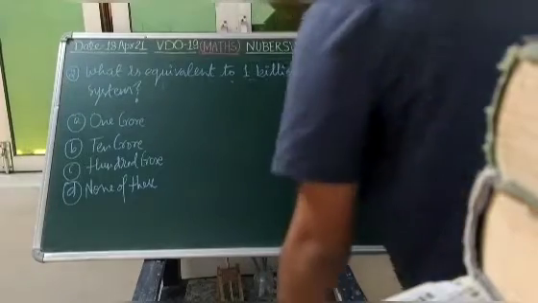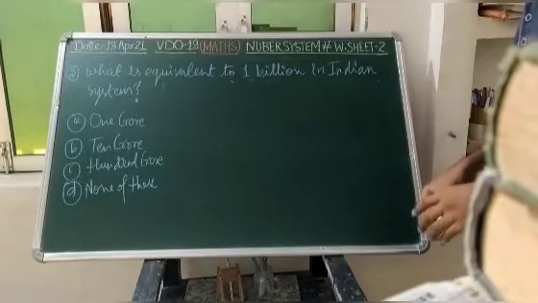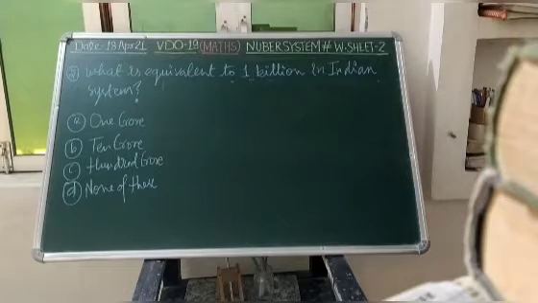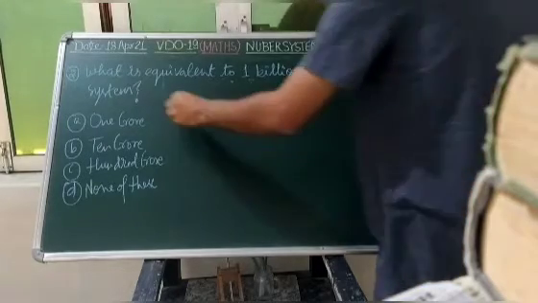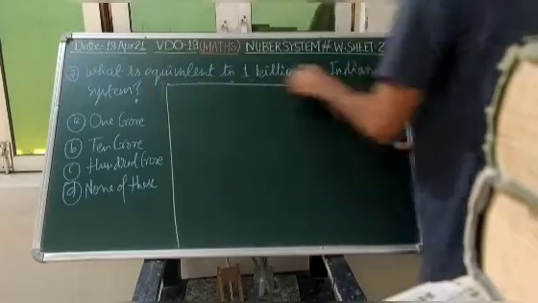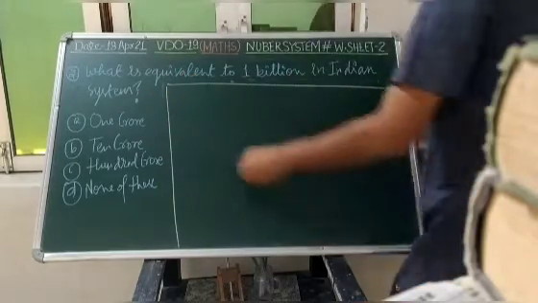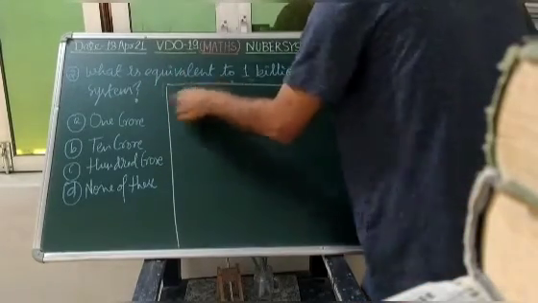The second problem is saying: what is equivalent to 1 billion in the Indian system? So in the Indian system, 1 billion will be equal to how much? Solution.